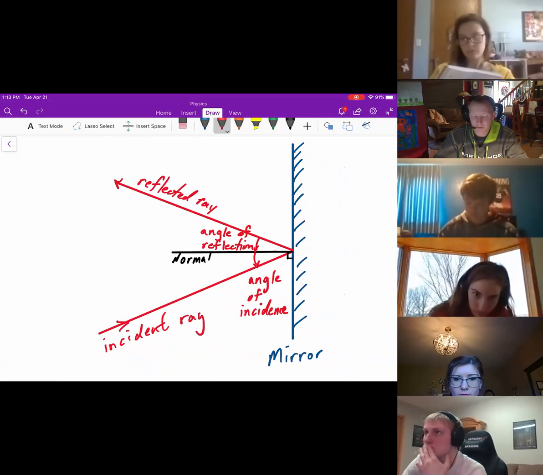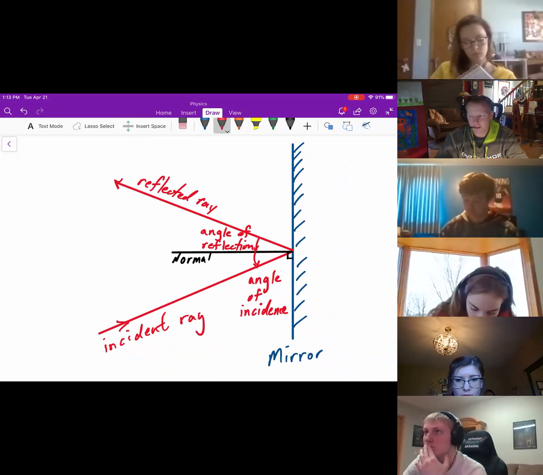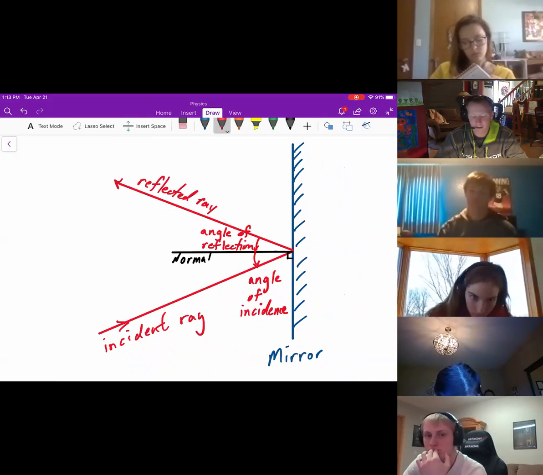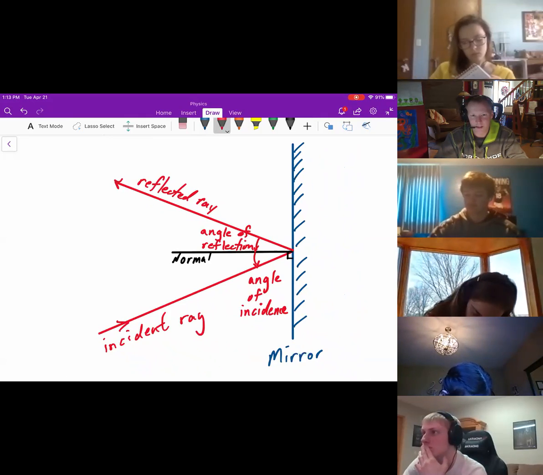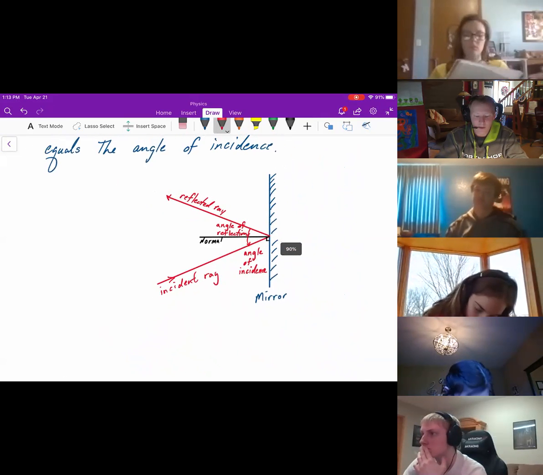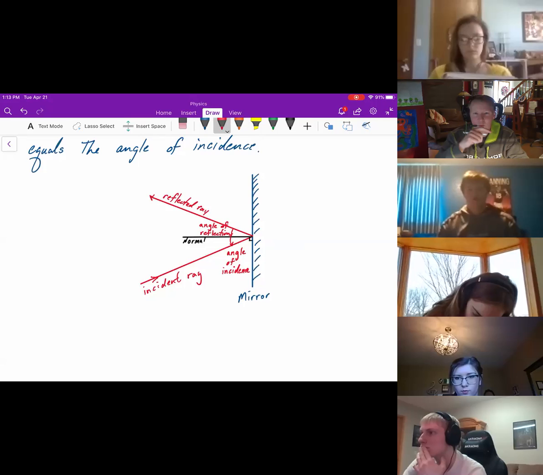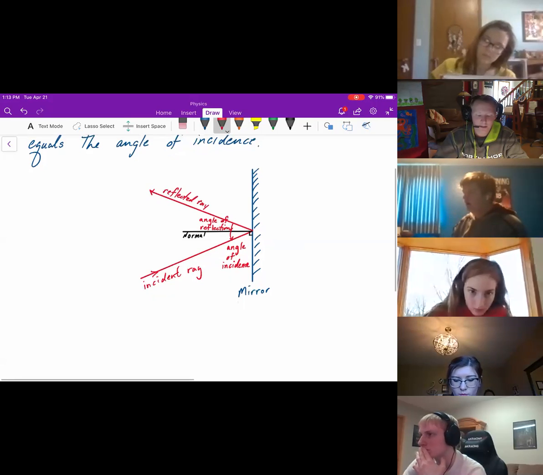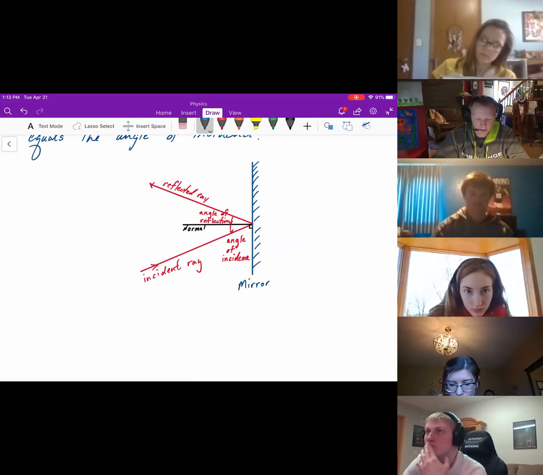Now, the configuration of the mirror can change and complicate that. But the law and the rule that we apply doesn't really get any more challenging. What we're going to be looking at, though, is where do images form from this? And so I'm going to put a new little bit here.